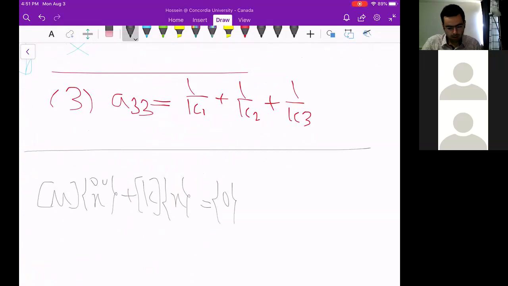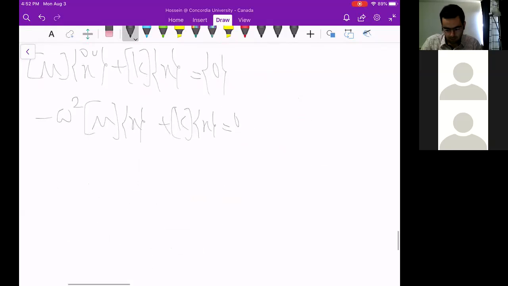So x double dot is minus omega squared x, plus kx is going to be 0, therefore minus omega squared m plus k, x is going to be 0.